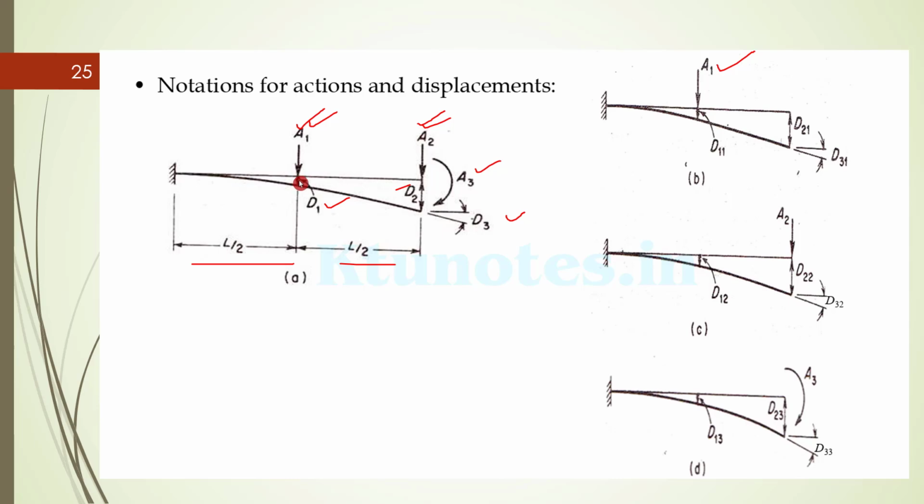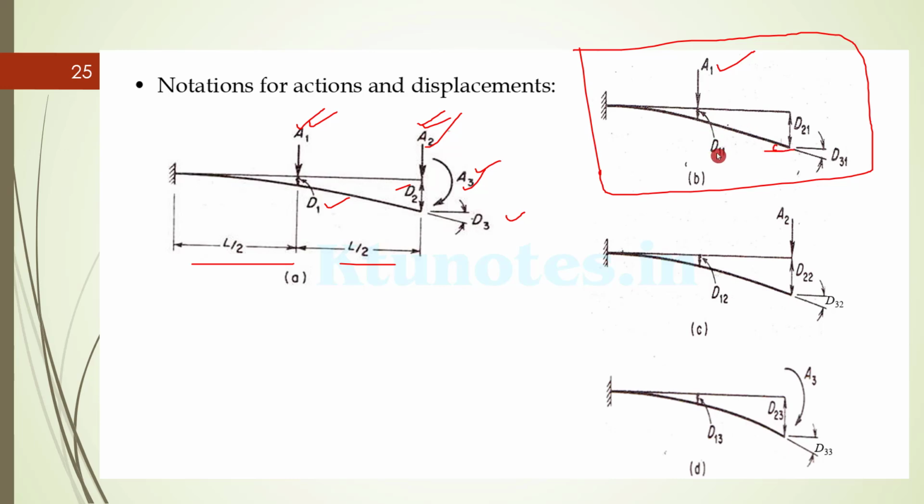That is, D1 is not only due to A1; there will be a contribution from A2 as well as A3. So when we consider only A1, we remove all the forces A2 and A3, and when we draw there will be a displacement D1. Displacement will keep on continuing, and at the end also there will be a deflection. There will definitely be a twist also, with an angle with respect to the horizontal.